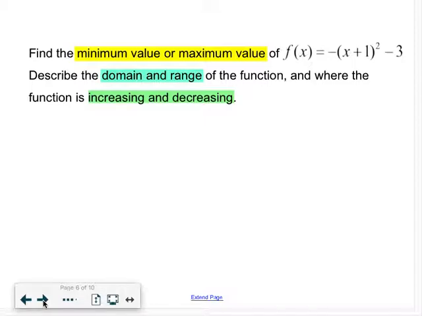We're going to make sense of it. So 3 things that we want to do. We want to find the minimum or the maximum value. If it's a quadratic, it will have one or the other, not both. I want to describe the domain and the range. And I want to determine where the graph is increasing or decreasing without a graph, if possible.